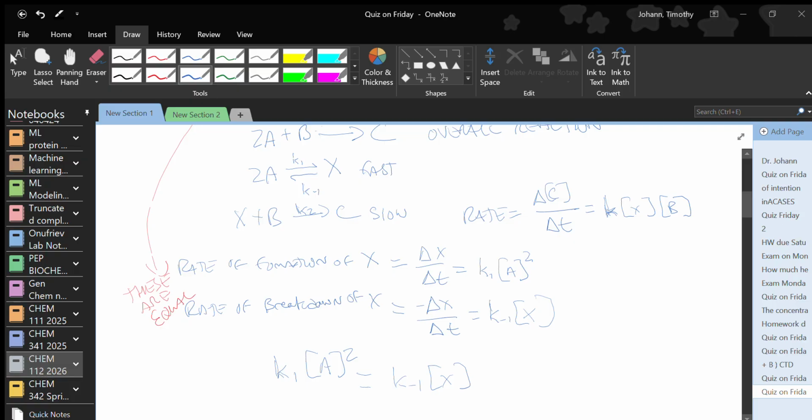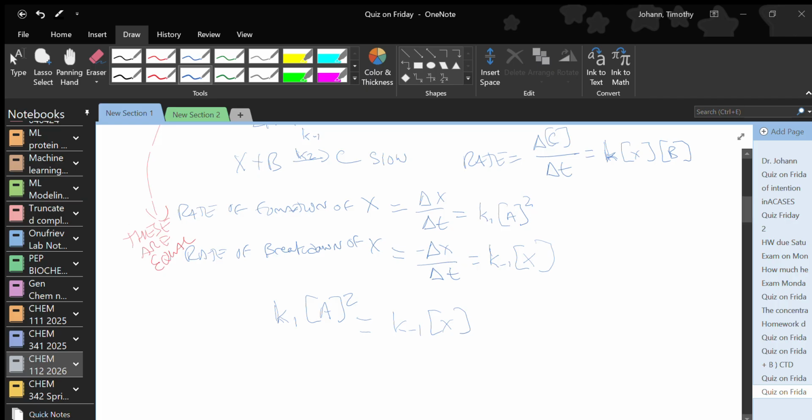And what I'm looking to do here is solve for X so I can figure out what X is in terms of all this other stuff and substitute it in and get rid of my X. All right, so I can do that pretty easily. I can take this and divide both sides by K negative 1. Remember, these are little k's.